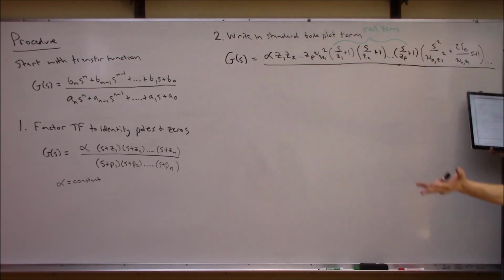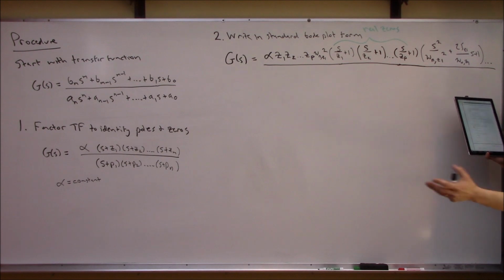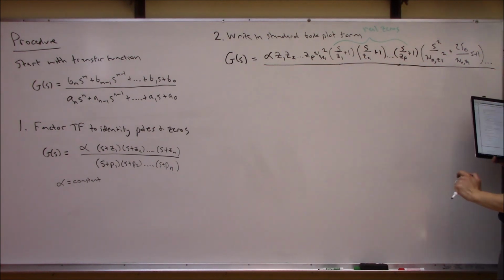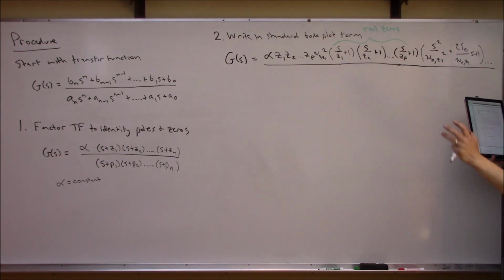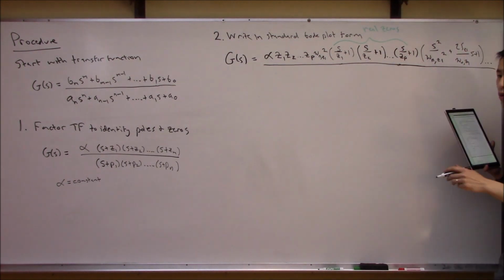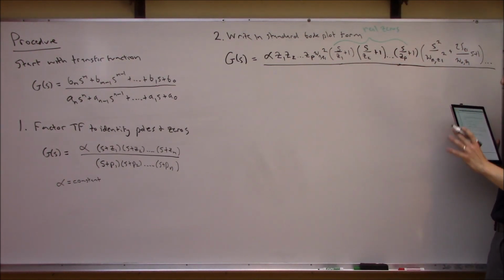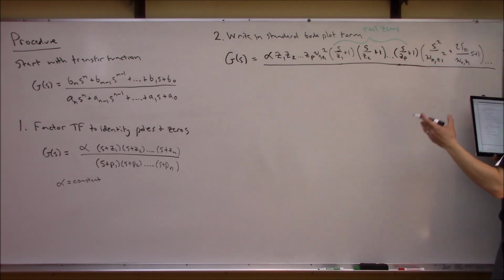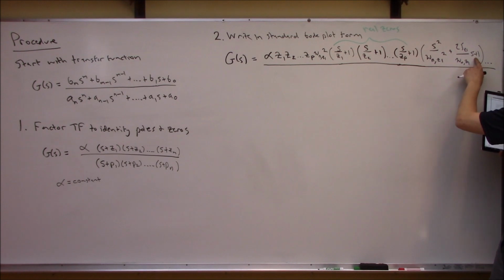So however many complex conjugate pairs you have, just make sure they're all written in this form. The thing you want to notice is that the constants are 1 for all of these Bode plot terms. This is where people make a mistake, not pulling out the 1, which is going to screw up your constant offset or your constant gain of the Bode plot at the end. It's not a major issue, but it definitely is a problem at some point. So you want to write it in this format.